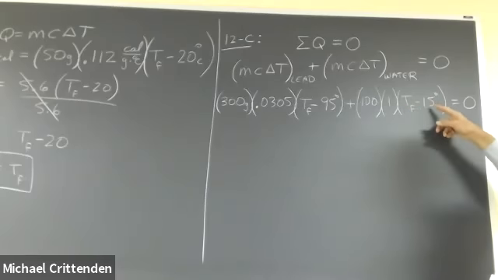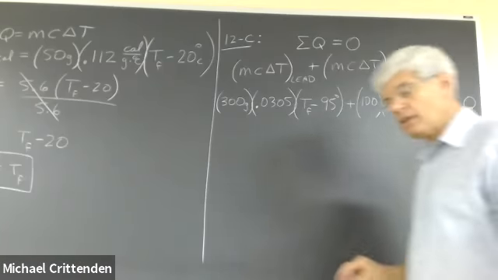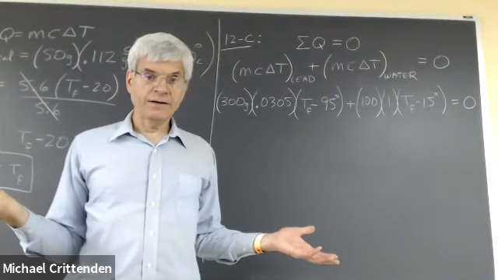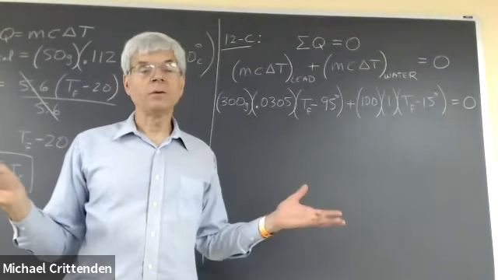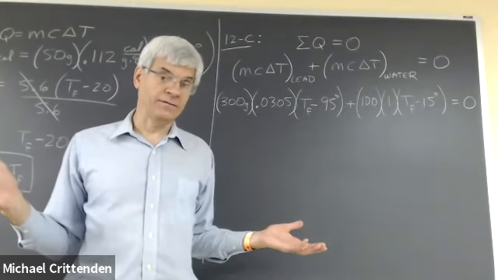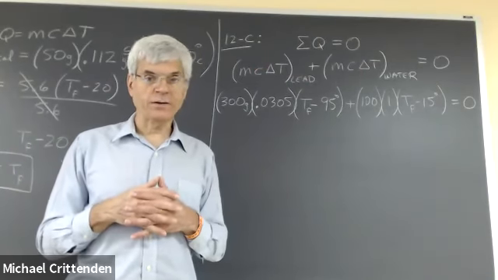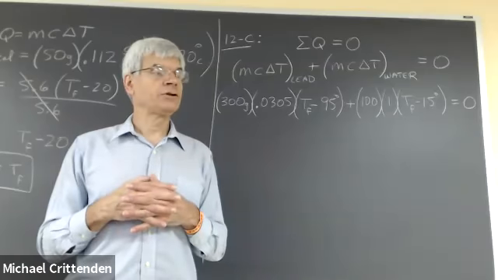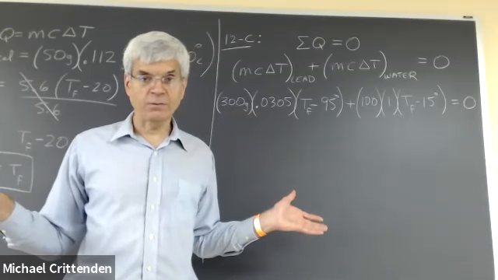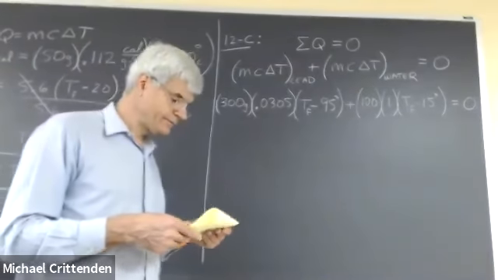So T final will be more than T initial, and that's what makes this term positive. What happens is heat flow is driven by a difference in temperature. So heat will flow until there no longer is a difference in temperature. And at that point, the system reaches what's called thermal equilibrium, which simply means that everything everywhere is at exactly the same temperature. At that point, heat no longer flows.